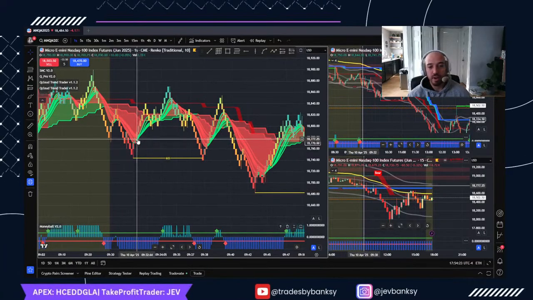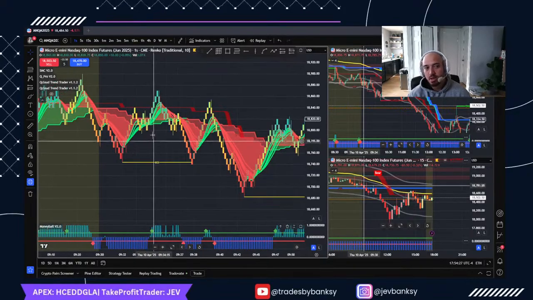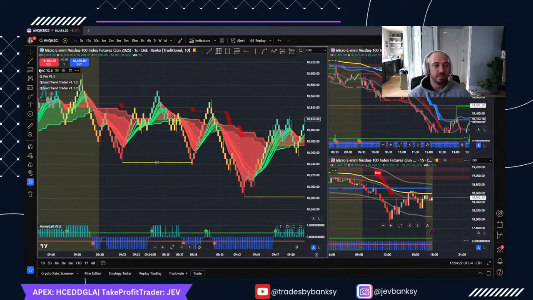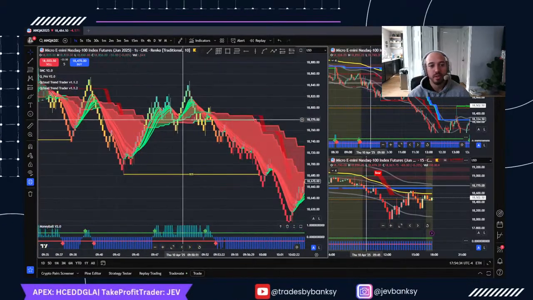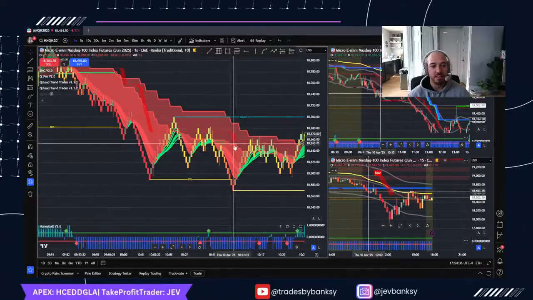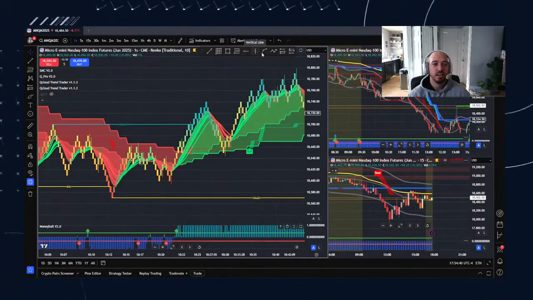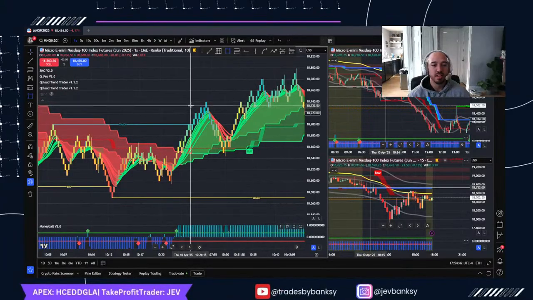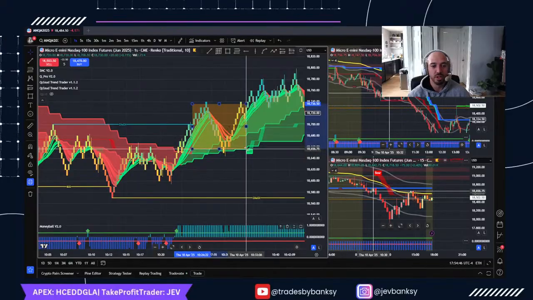We're still looking for entries the same way, everything red. But now that we have the SMC, which also gives us the SMC ribbon, that's an extra added confluence. As you can see throughout all of this, yes, we're all green, but the SMC has yet to flip bullish here.